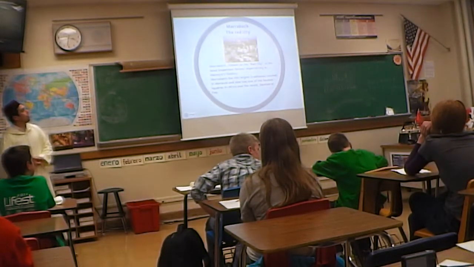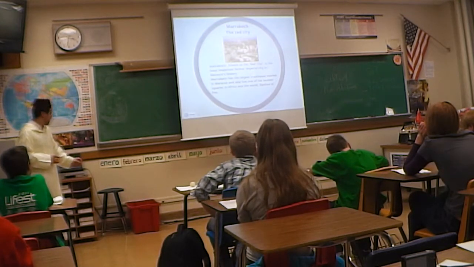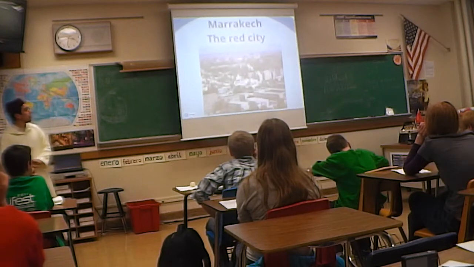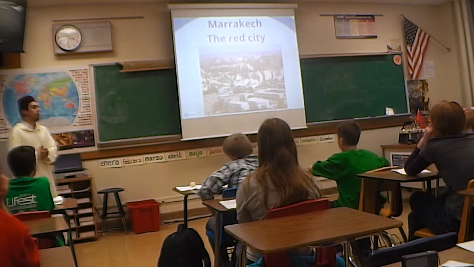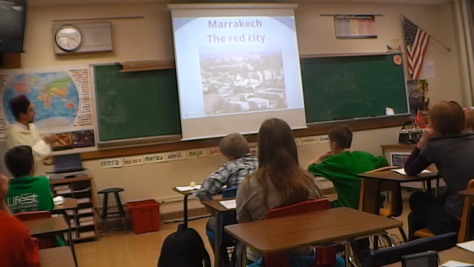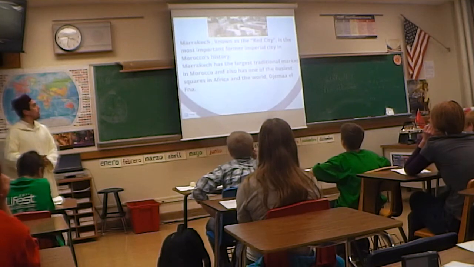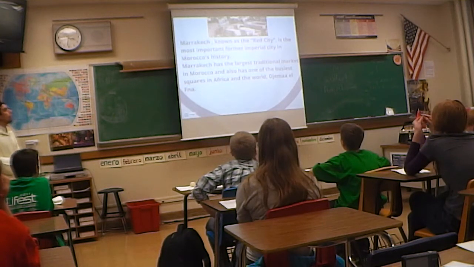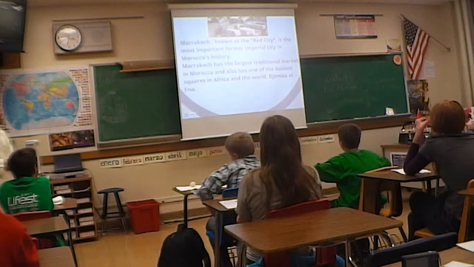Another city is called Marrakesh, and it's described as the red city because the buildings are red. That's why they call it the red city. These are some information. It's known as the red city, and it is the most important former imperial city in Morocco's history.